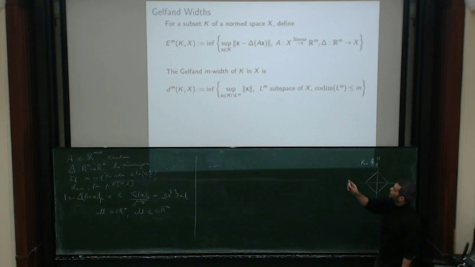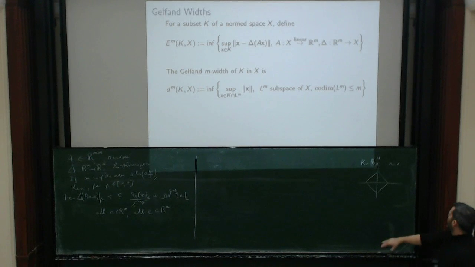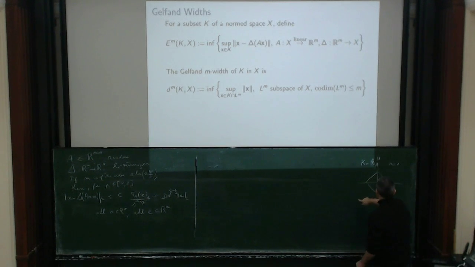So what you do, if you look at this definition, so you will slice this. So in fact, I will take m equal 1. I should also say that the other cases don't have interest. M equal 1, so my codimension 1 in the plane is just a line. So I'm going to cut that with a line, and I'm going to look at, not really the diameter, the half diameter, that distance here, and I want to minimize that distance over the choice of the line.